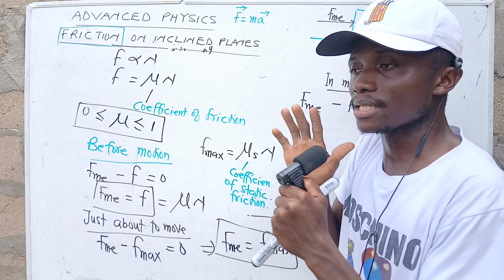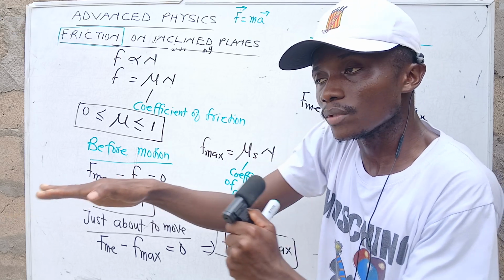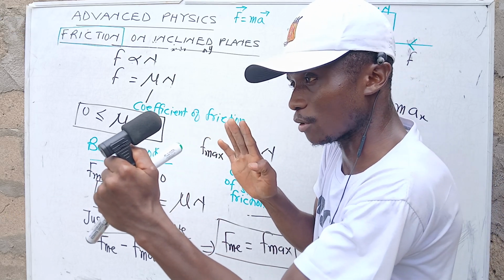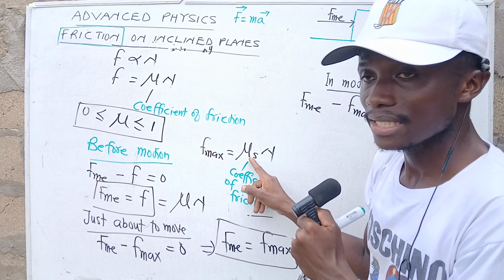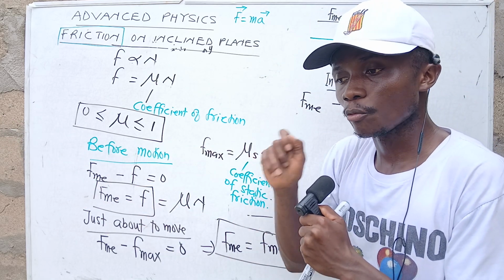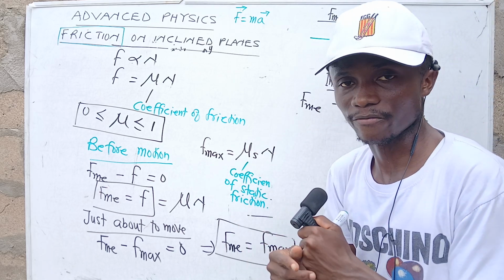But as soon as the object starts moving, the frictional force will come down. You need less force to cause the object to move with a constant acceleration. So mu s will change to mu k, the coefficient of kinetic friction, which is less than the coefficient of static friction.